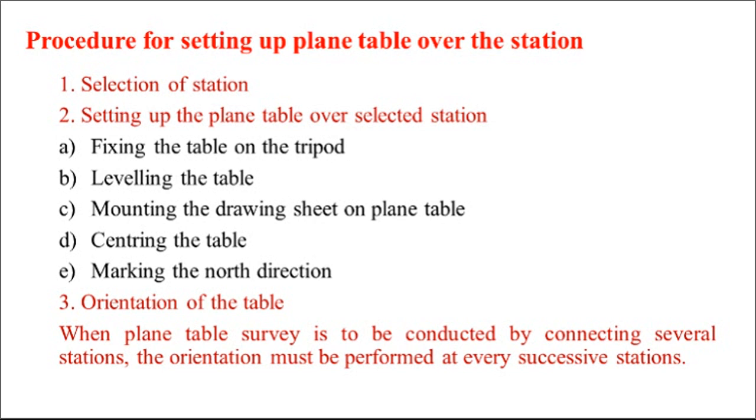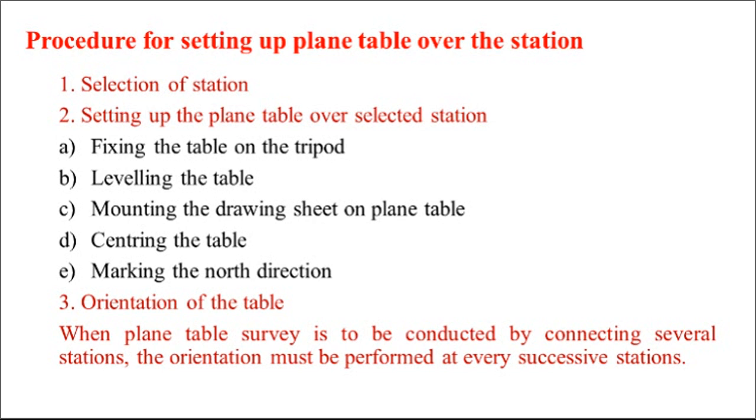Second one, setting up the plane table over the station. So after selecting the station, the next step is setting up of the plane table over that particular station. Then fixing the table on the tripod, then leveling the table, then mounting the drawing sheet on the plane table, then centering the table, then marking the north direction on the drawing sheet.